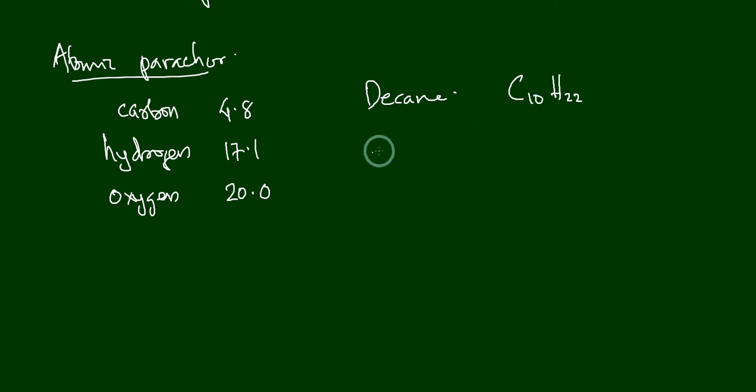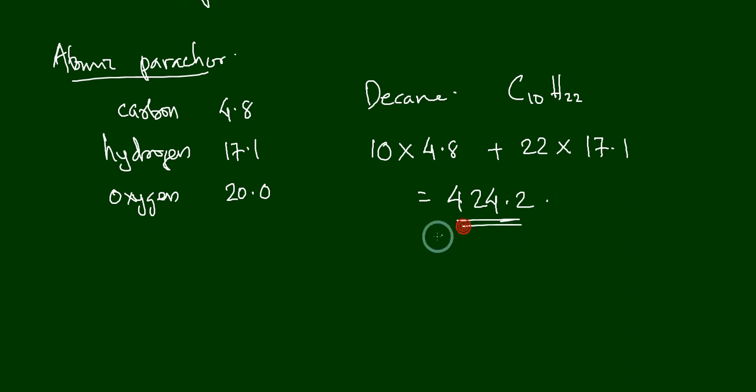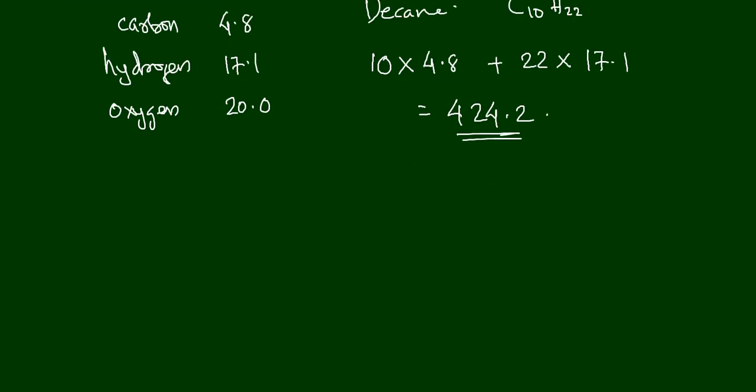There are 10 carbon atoms, so 10 into 4.8, plus 22 hydrogen atoms, so 22 into 17.1. If you calculate this, we get a value of 424.2. So this is the total parachor of decane, calculated from the atomic parachors of carbon atoms and hydrogen atoms. So that's about atomic parachor.